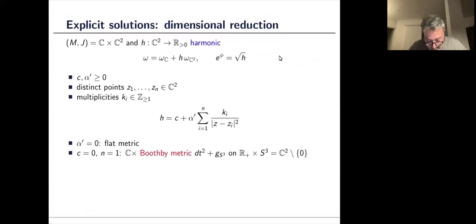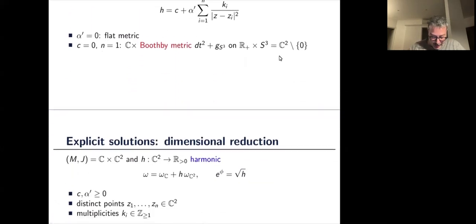The simplest non-Kähler solution is taking C to be zero and just one singularity. Then this metric is nothing but the isometric product of C with what I think is called the Boothby metric on C2 minus the origin. C2 minus the origin is R plus times S3, and this is just a cylinder metric.